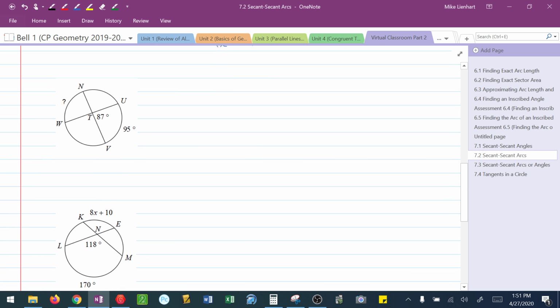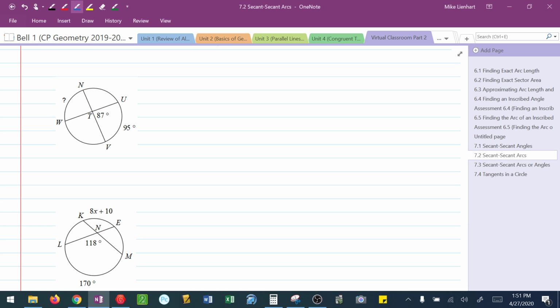Okay? Here's another secant. Notice the angle. Notice its arcs. All right? If the vertex is inside, or in as we've been referring to it, the angle is equal to half the sum of the arcs. Remember that question mark is going to be X. The sum of the arcs.